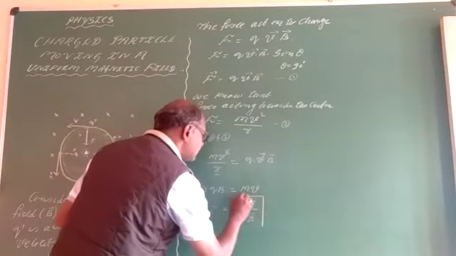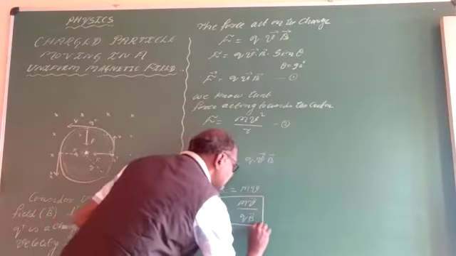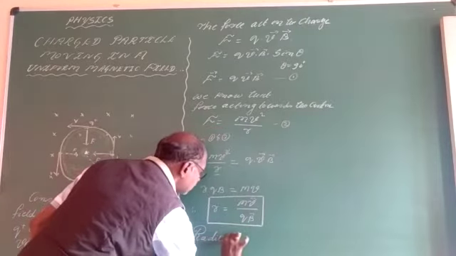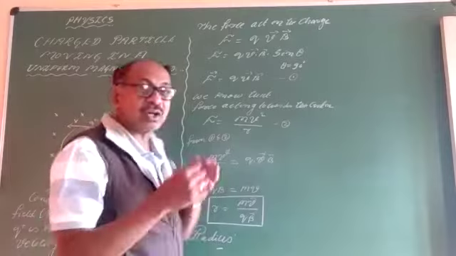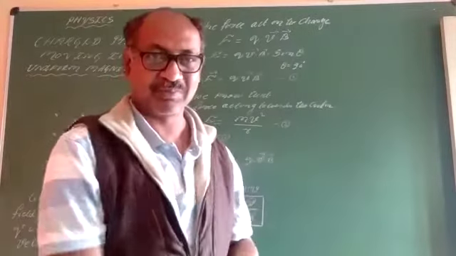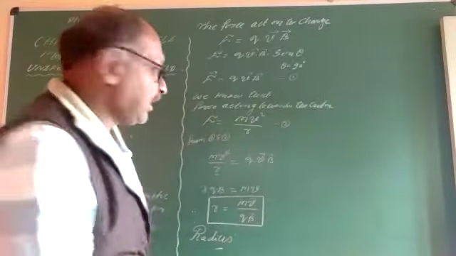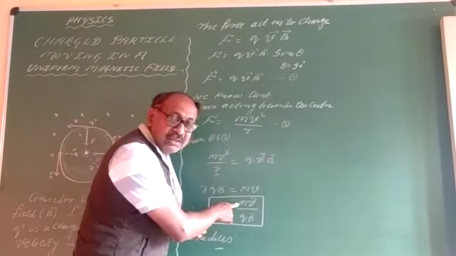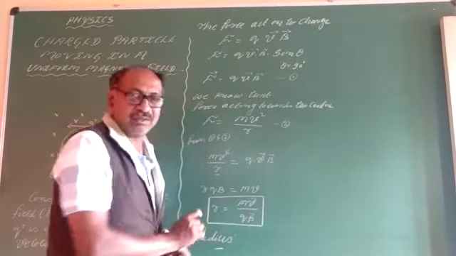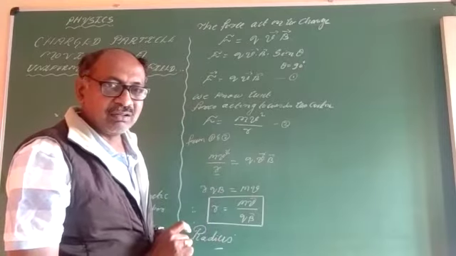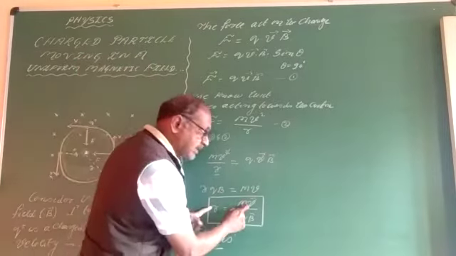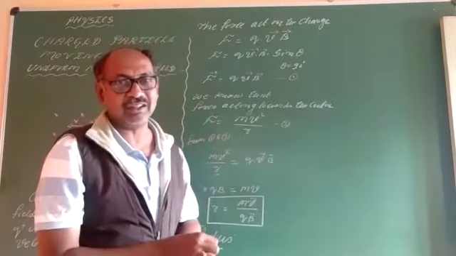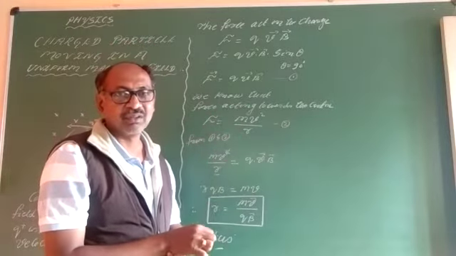So this is the radius of the charged particle. You just see here, the radius is directly proportional to the mass and also the velocity. Directly proportional to the mass: as the mass goes on increasing, the radius also increases.